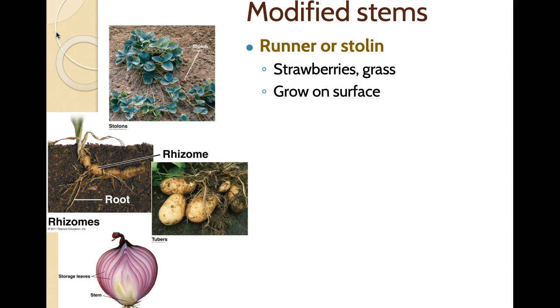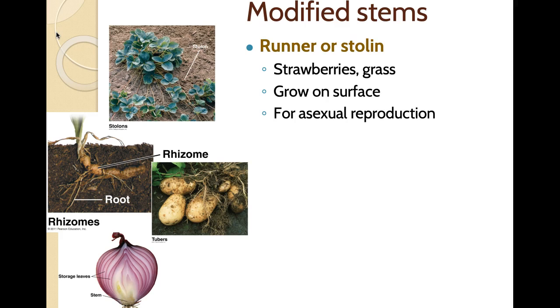And these types of stem systems grow on the surface of the ground, and their primary function is for asexual reproduction. So you can see, hopefully the picture's a little bit small off to the left, it almost looks like long strings shooting out from the strawberry plant. Those are known as runners or stolons.